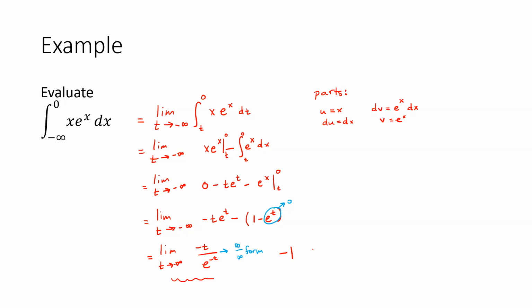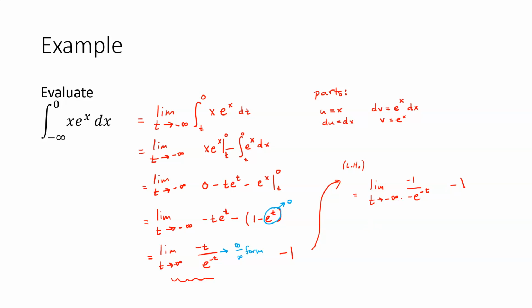Okay, but here let's do L'Hopital's rule. Taking the derivative of the expressions in the numerator and denominator, the derivative of negative t will be -1, and then downstairs we'll get negative e to the negative t.